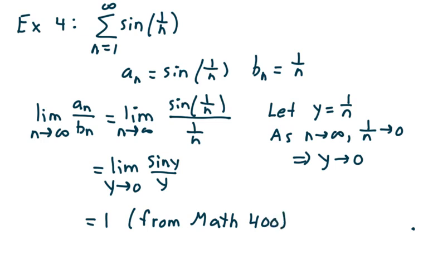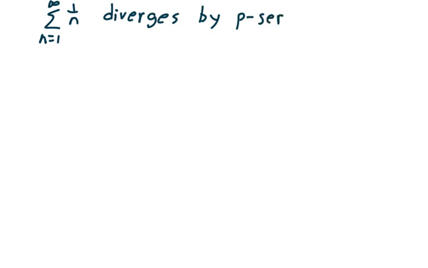Now, by the way, 1 is positive, right? Now, what does that say about the summation of the 1 over n's? This diverges by the p-series, p equals 1, which is less than or equal to 1. And so what does that say about the original series?